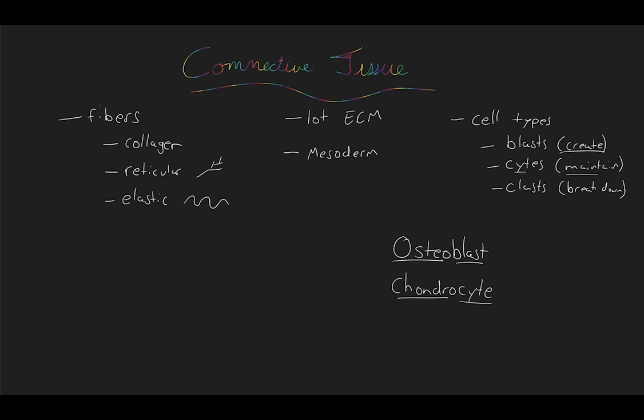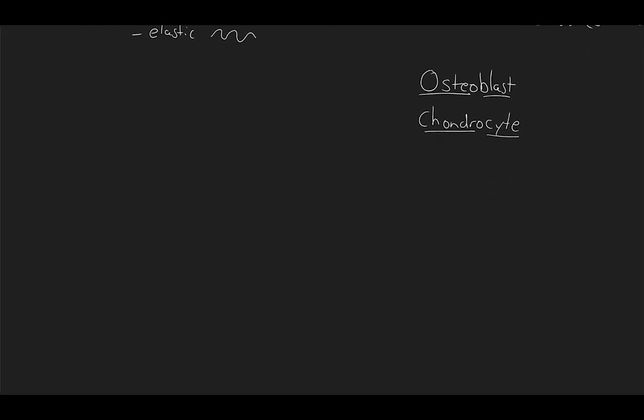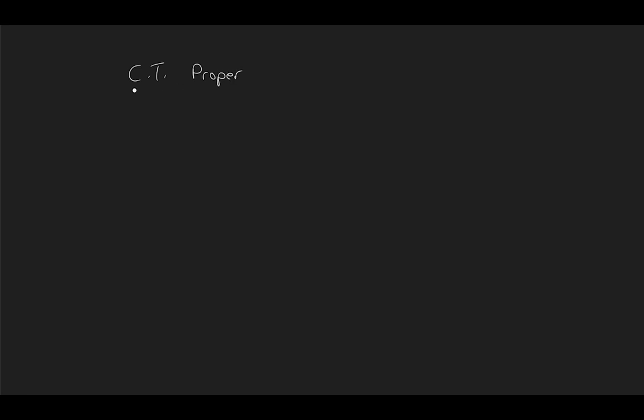Okay, now when we look at our connective tissue, right, we can talk about different types of connective tissue. So when we look at connective tissue, there can be our connective tissue proper, and there are the irregular connective tissues. Okay, so this is sort of a rehash of that. Your connective tissue proper can be broken down into dense connective tissues and loose connective tissues.